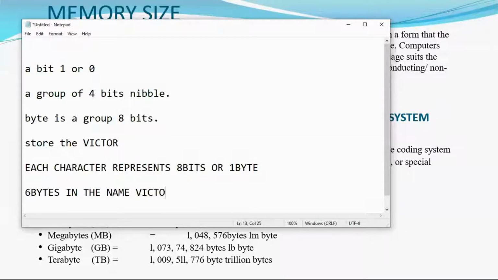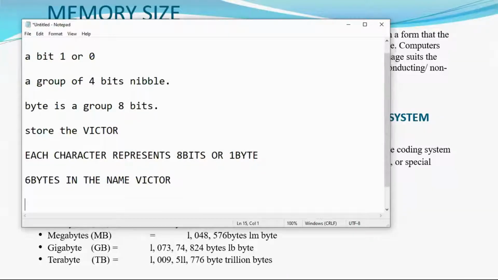Now, if there are 6 bytes and we want to find this using the number of bits, the name Victor will need about how many bits? 8 times the 6 bytes, because in each byte we have 8 bits.